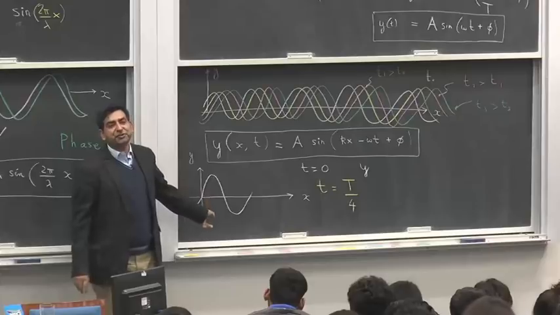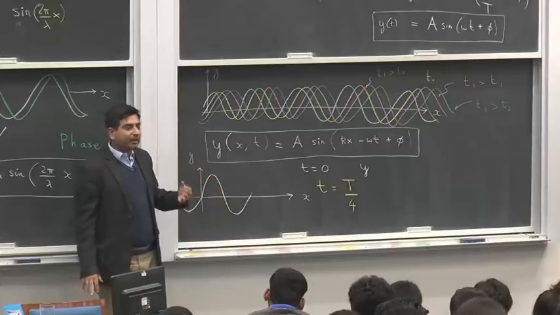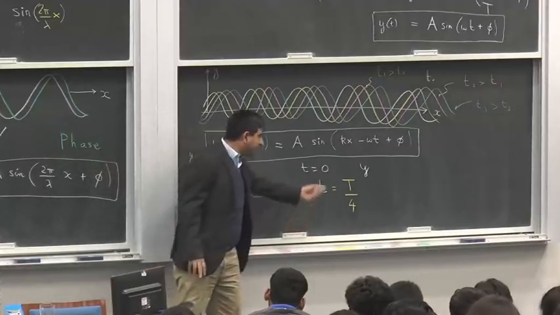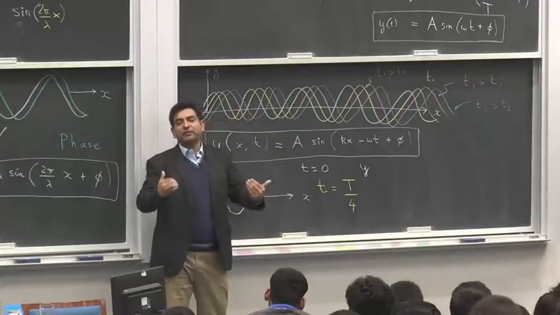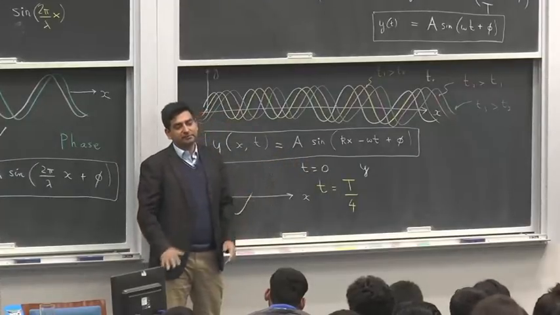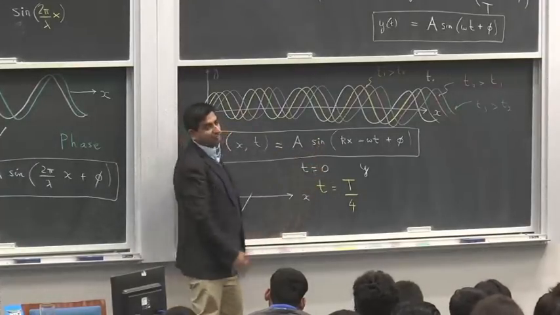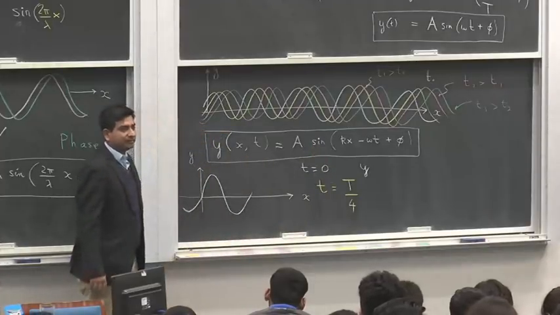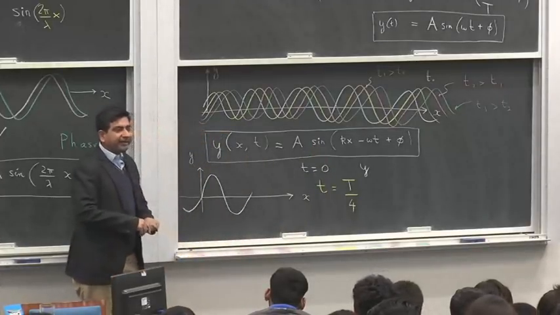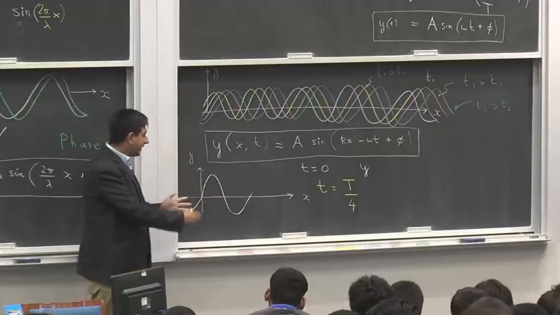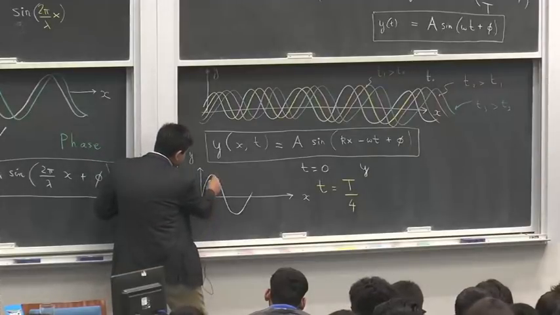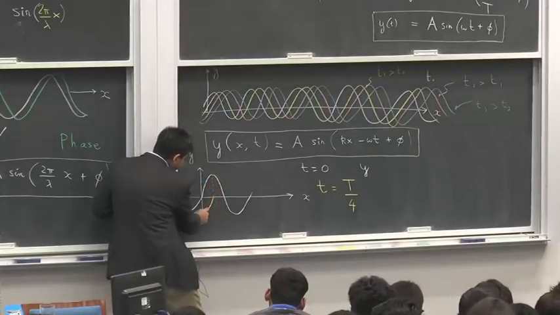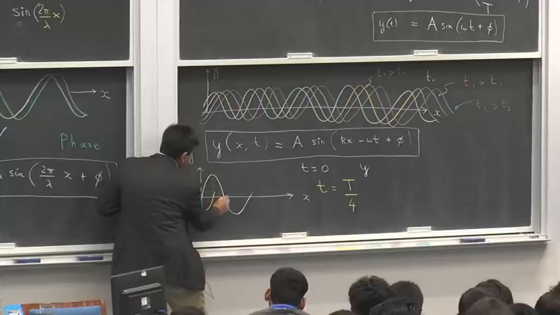What would be the picture of the wave after a time equal to 1/4 of the time period has lapsed? The wave is moving to your right. So it has moved a quarter cycle ahead. So now if I were to draw a picture of the wave, this is what the wave is going to look like.